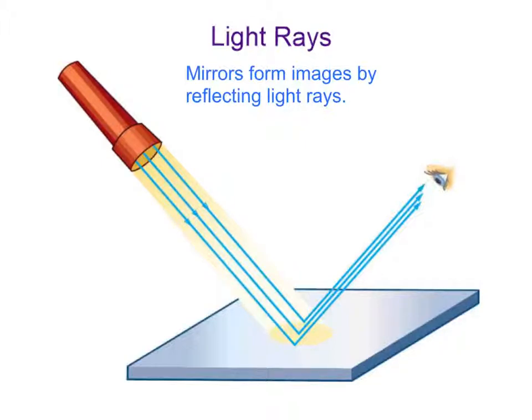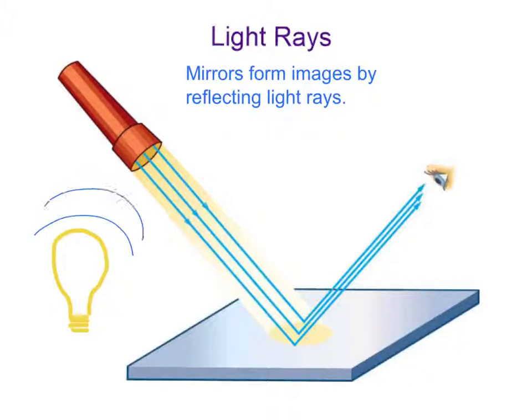Now remember, we can think about light in two ways. We can think about light as a wave or a particle. We can think about light sources as sending out waves that travel in all directions, just like ripples on the surface of water spread out from the point of impact of a pebble.